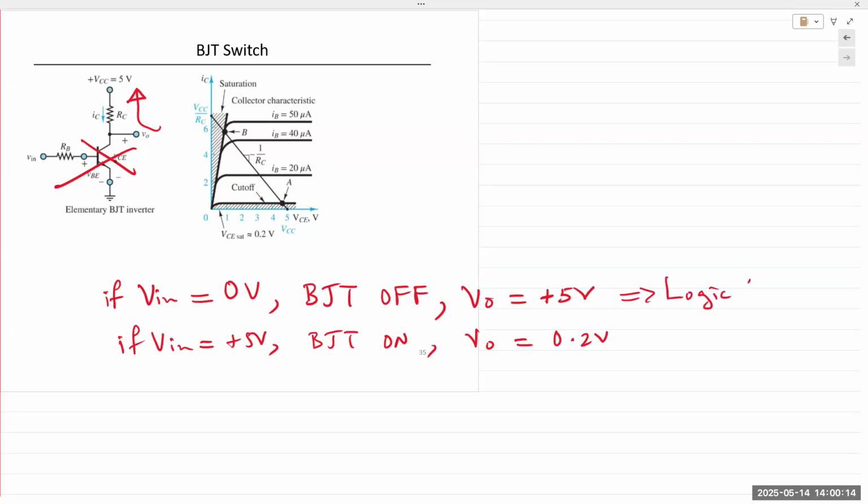So logic 1 gives logic 0. Okay, so the most rudimentary, most fundamental circuit for an inverter is a simple BJT operated in cutoff and saturation mode. It's an inverter circuit. All right.